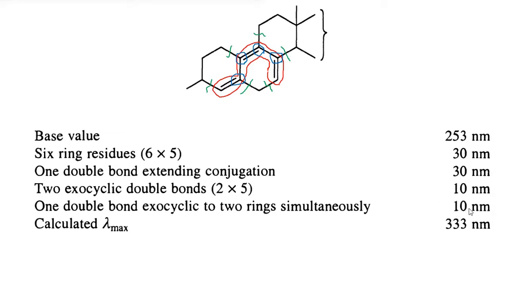That is why we have to add 10 nanometer, another 10 nanometer, so that the total value of lambda max becomes 333 nanometer. See this example again. The calculated or total lambda max value is 333 nanometer.